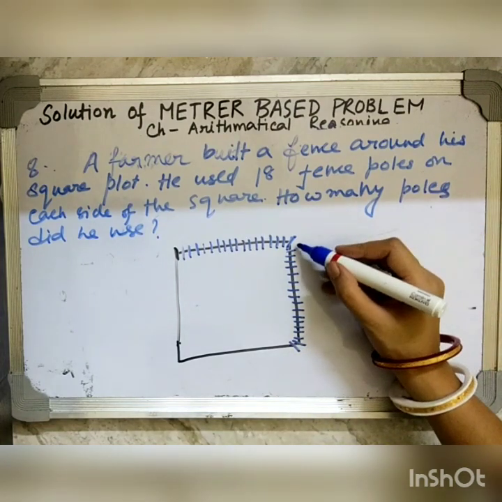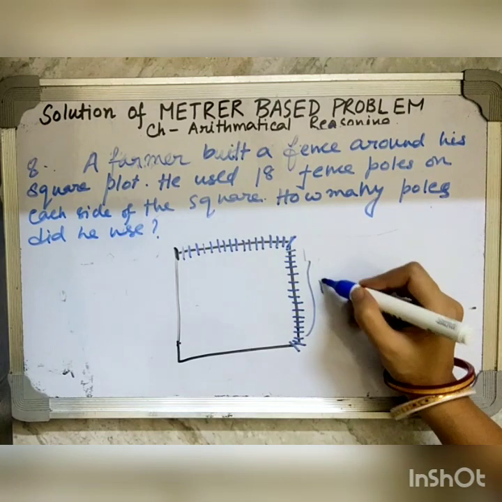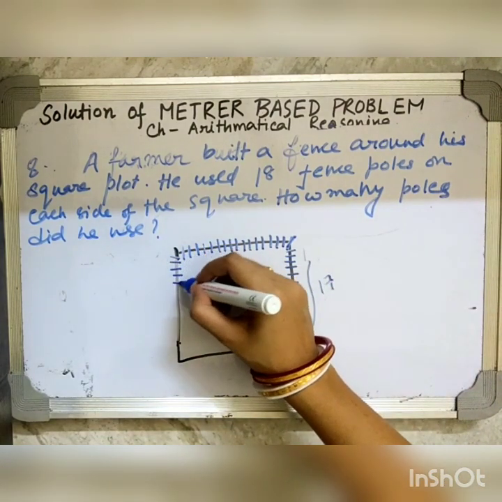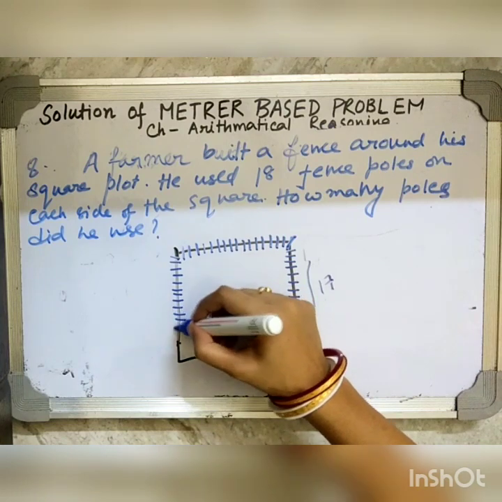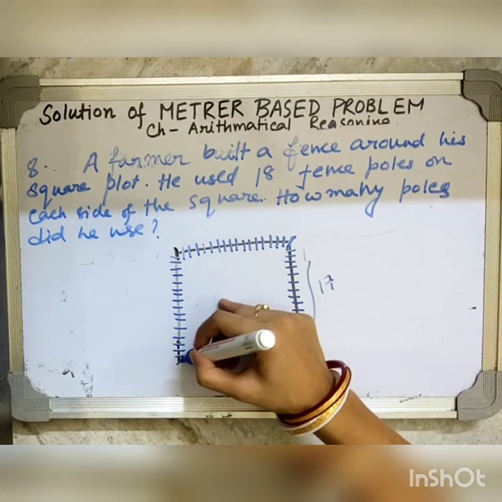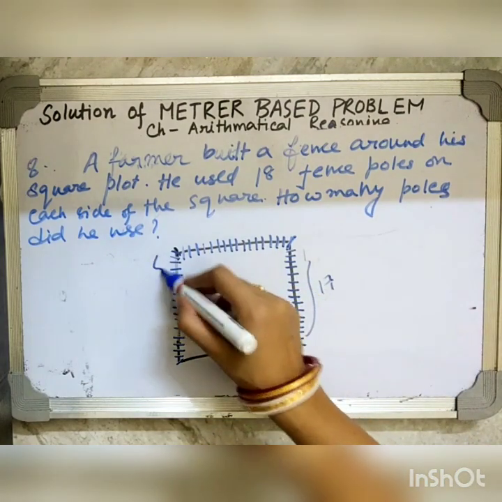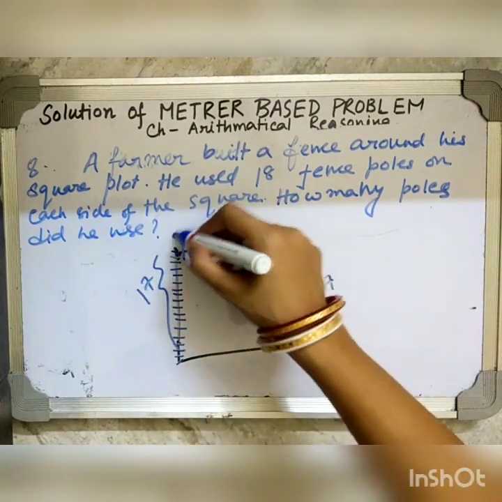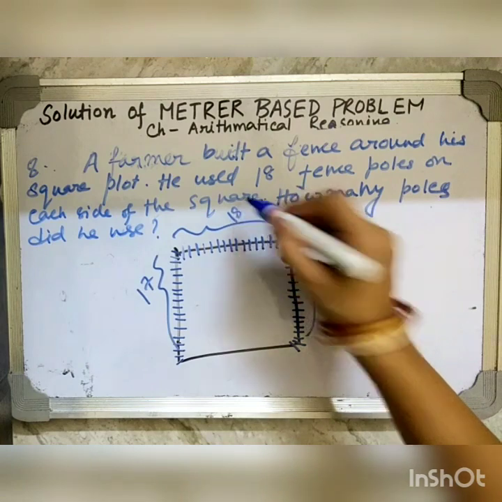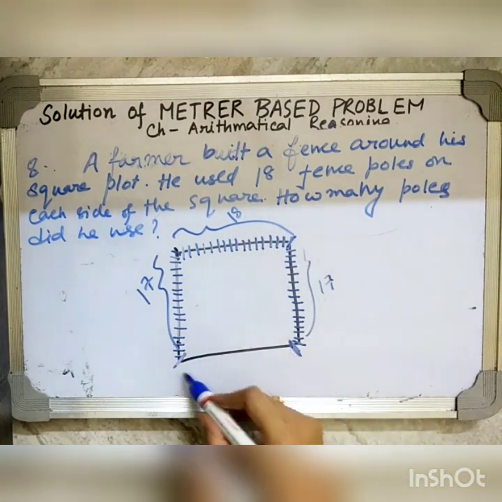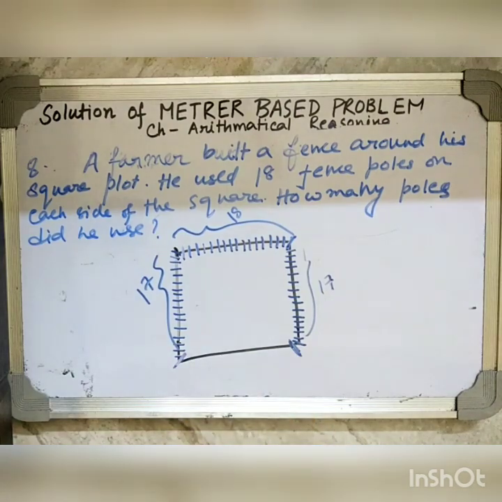Okay. Now for this side we have drawn 17 poles. Similarly for this side also we will draw 17 poles. So for this side also we have drawn 17 poles and at this side we have drawn 18 poles. And already we have got the extreme poles for this side. Now how many poles will be needed? 2 extreme poles we have already got.